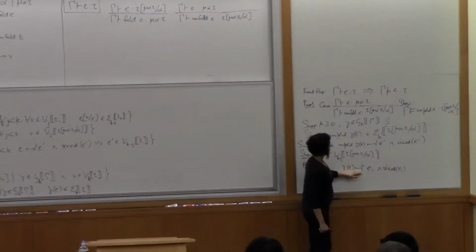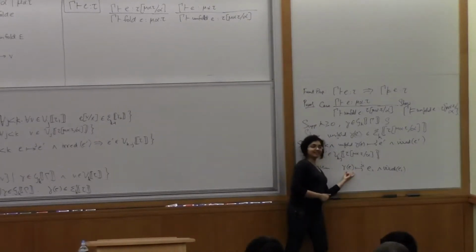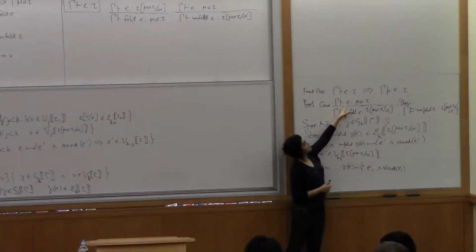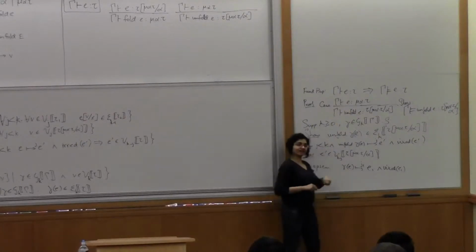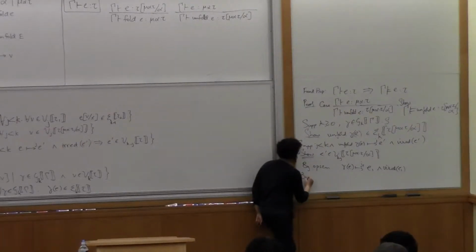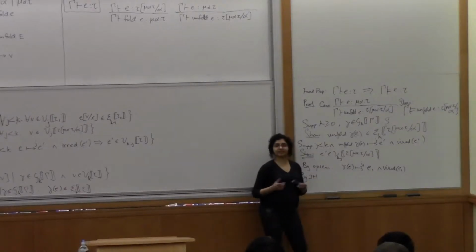Okay, so now, since we're talking about the E term, and E appears up here, we can use our induction hypothesis. What do we know by our induction hypothesis? That E semantically behaves like it has type mu alpha tau.